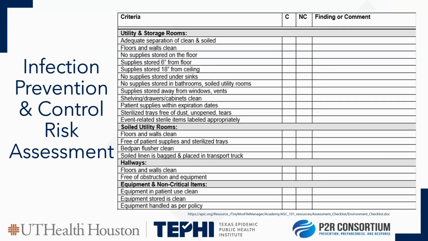And then making sure that you're looking at your trays, they're not just scattered everywhere in your dirty utility room. Things are being wiped down. There's no obstacles or clutter in your hallways, and that your patient areas are clean, free of debris. They're being cleaned and disinfected appropriately with the appropriate material.